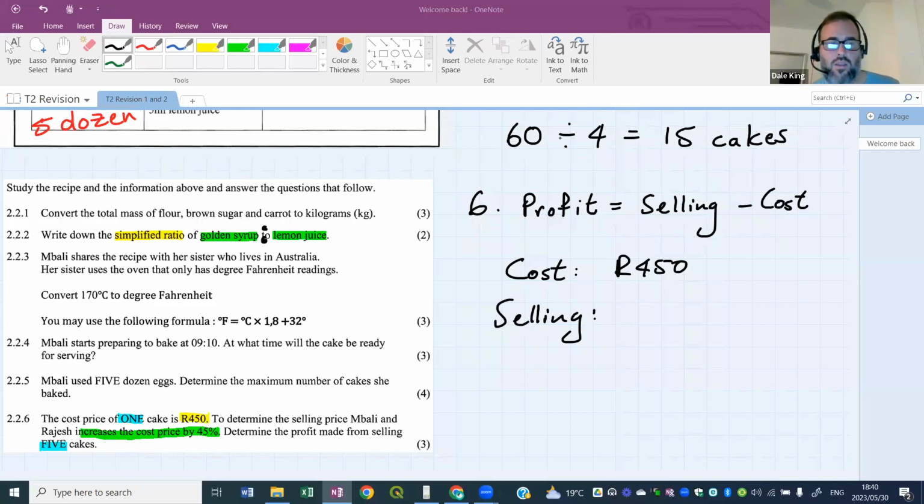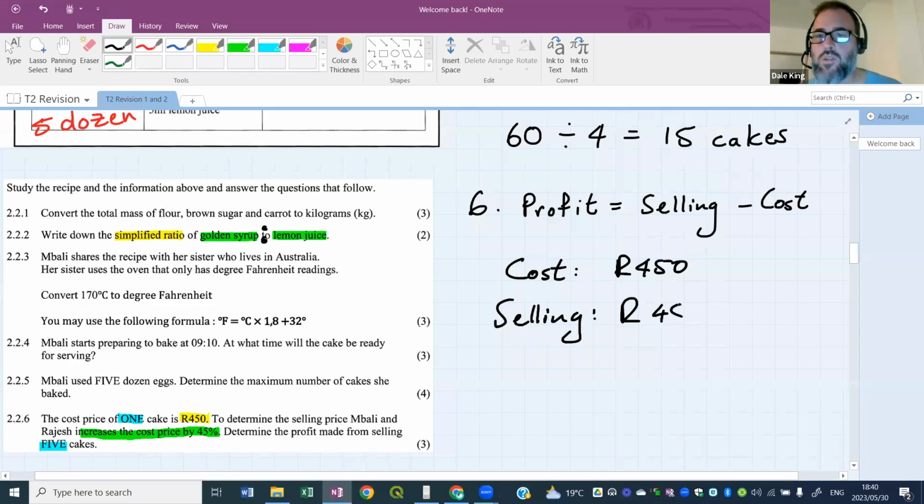Okay. So the selling price, we have to take the cost price and increase it by 45%. Now, this is not working out what is 45% of 450. They're saying take 450, make it bigger by 45%. Now, we could do this by just multiplying like I taught you the short method, all right?